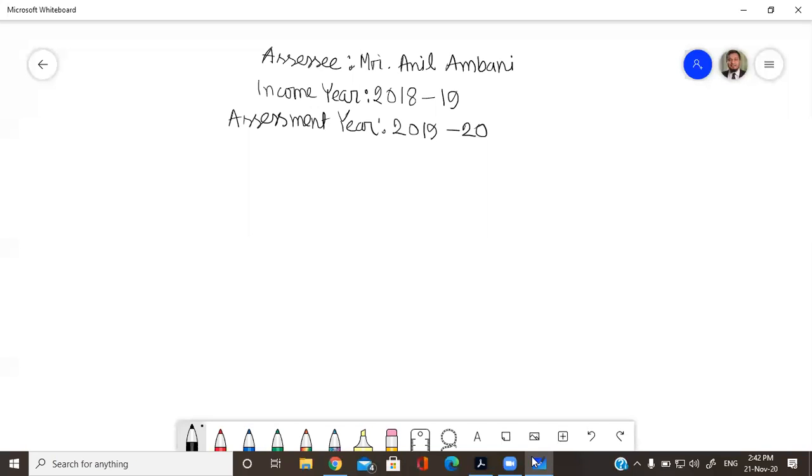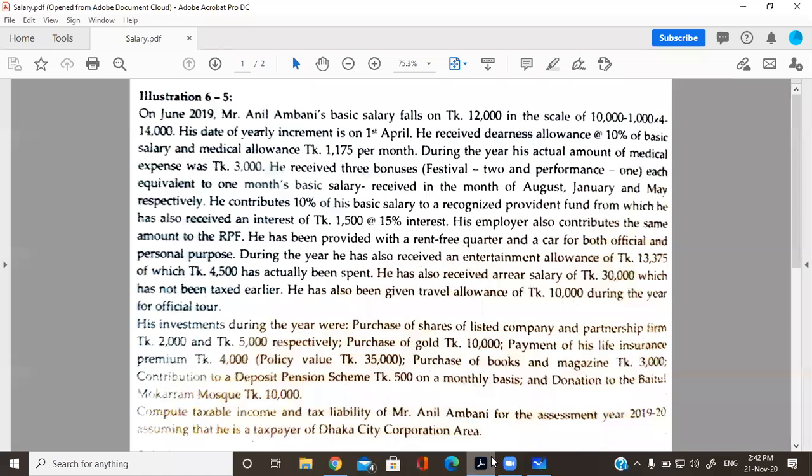So let's try to concentrate on what has been said here about Mr. Anil Ambani. Mr. Anil Ambani's basic salary falls on 12,000.